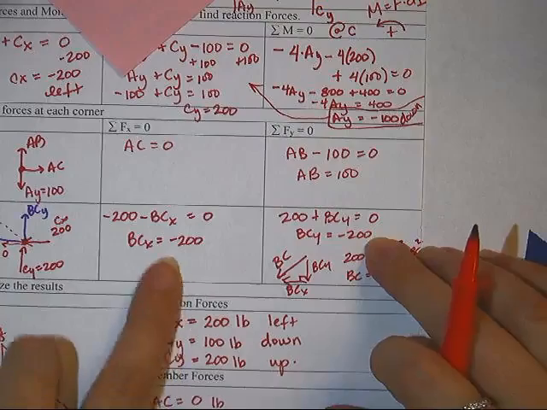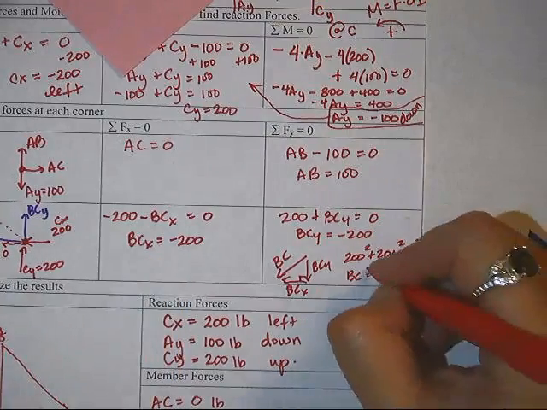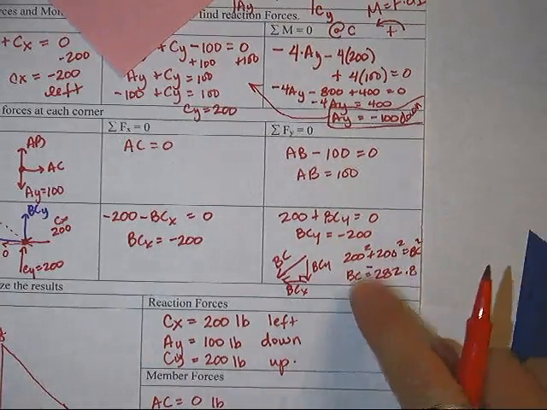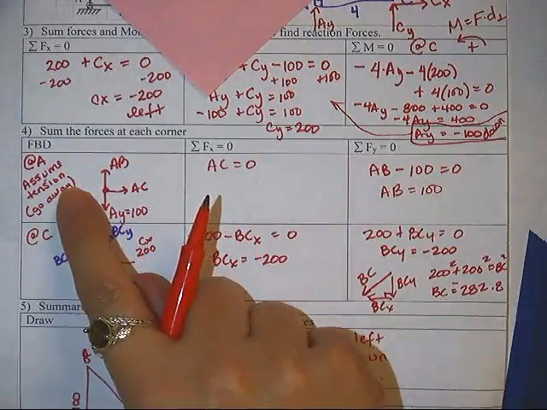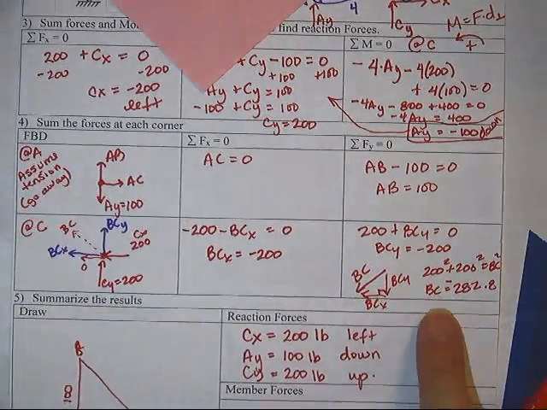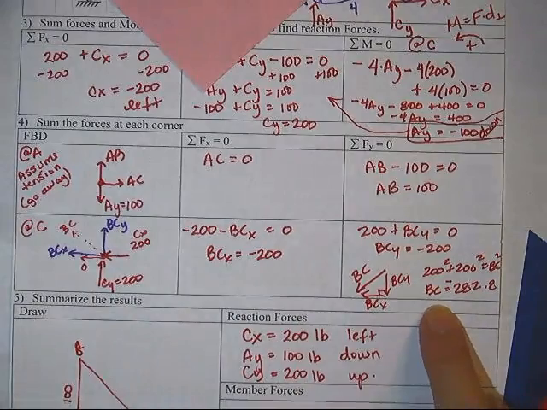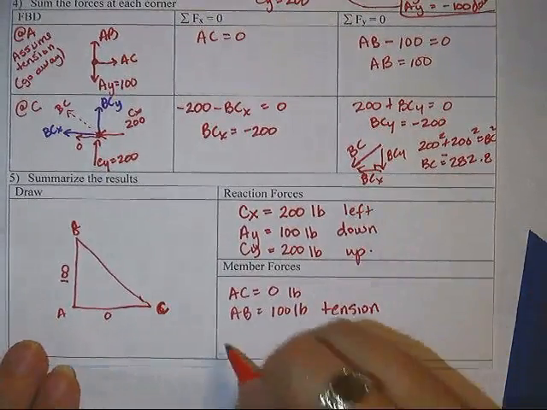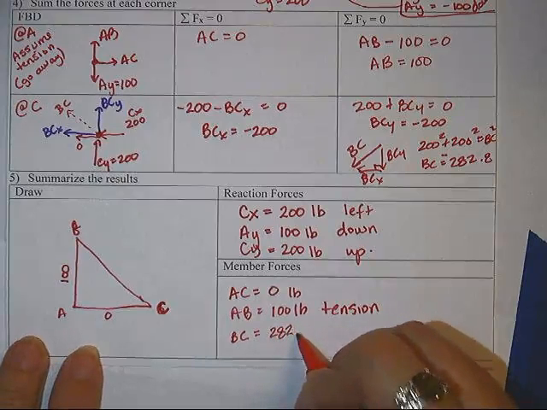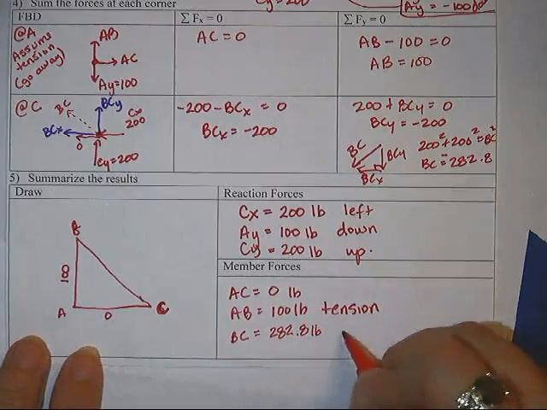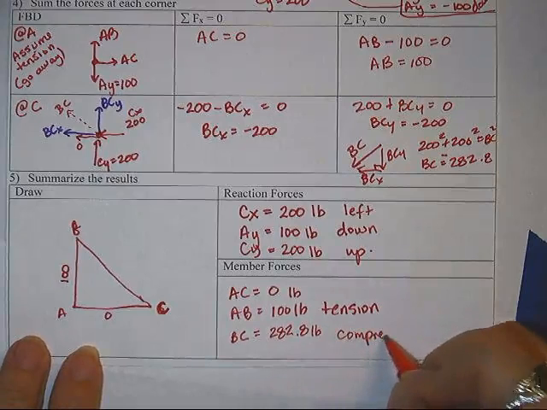And these were both negative, so this one's negative. When I get a negative answer, what it means is it's not in tension. I assumed tension, but I got a negative answer, so that means it's really in compression. So we found that BC is 282.8 pounds of compression force in it.